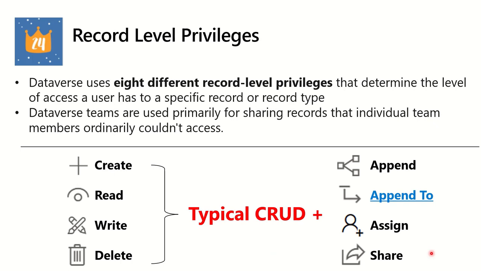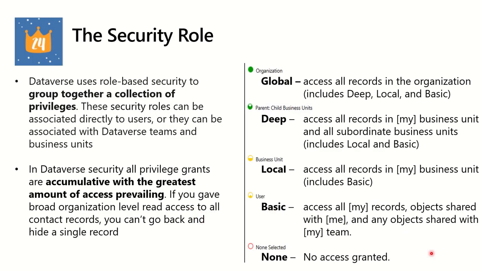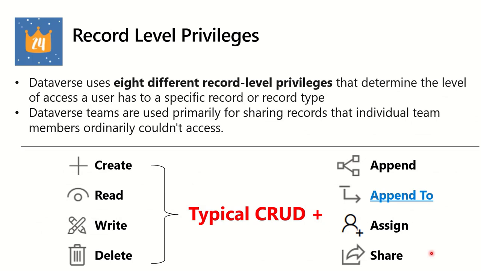Okay, so when you get this level of access, you also can be given 8 different record level privileges, which is awesome. We usually hear about the typical CRUD operations: create, read, update, delete. Okay, in Dataverse, you're going to have create, read, write, delete, just like that typical CRUD, but you're also going to have an additional 4.